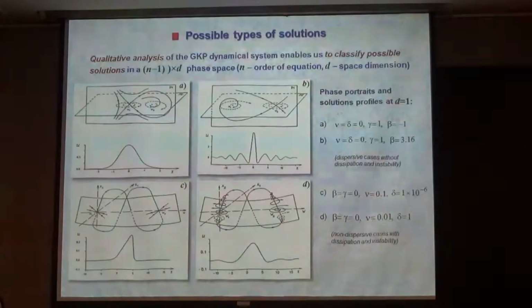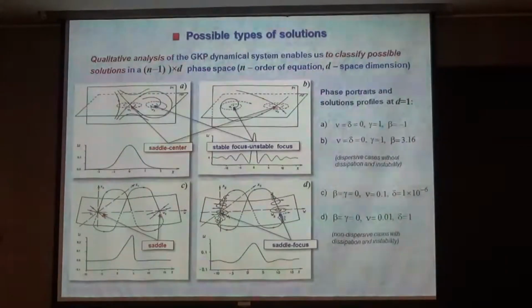You can see here the phase portraits and solutions for various values of equation coefficients in the non-dissipative case without instability, and in the case of dissipative equations with dissipation and instability.